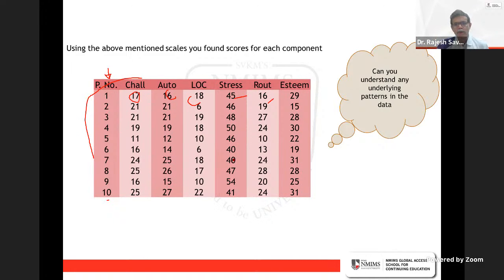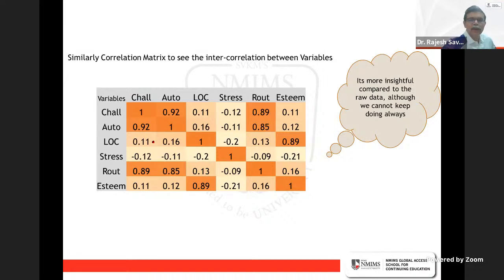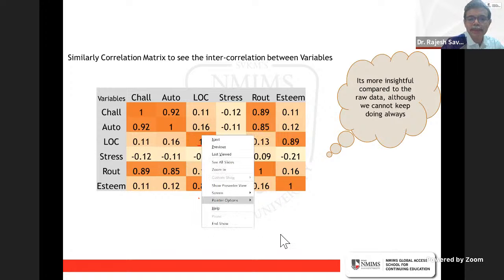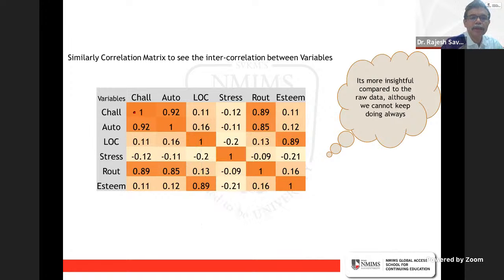So what do we do? Okay, find correlation. And here we have the correlation. If you look at this, supposedly there is a reasonably high correlation in challenge, autonomy, and routine.